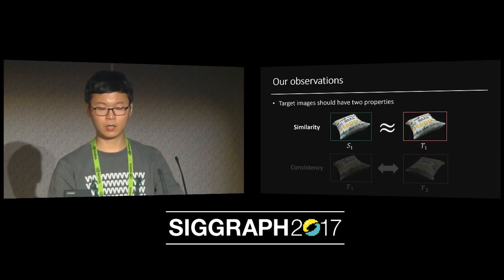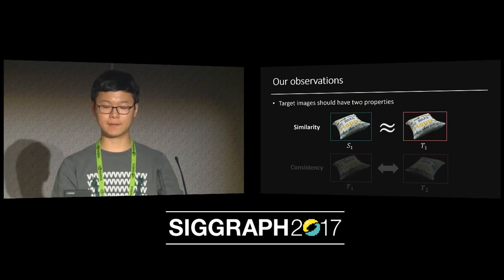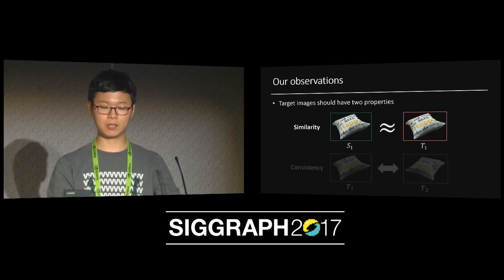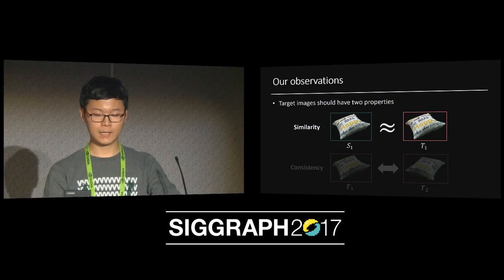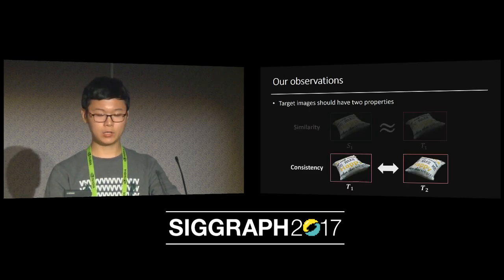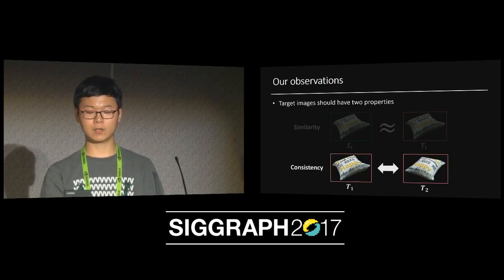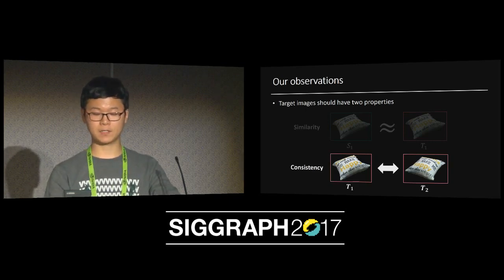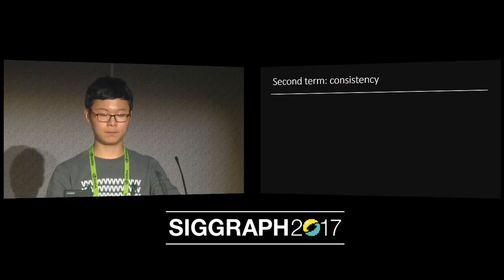So we have just talked about the first term of our patch-based energy function, that is the similarity term. It ensures that the target images contain most of the information from their corresponding source image in a visually coherent way. We still need to satisfy the second property, that is, the projected target images should be photometrically consistent with each other. Now let's see the energy function for the consistency term.